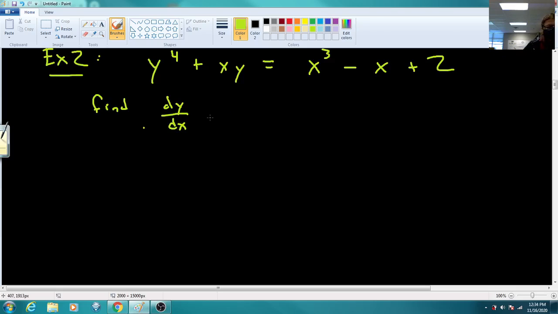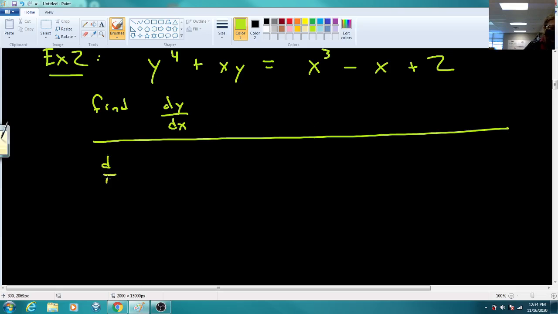We start by taking d dx of both sides of the equation. We keep in mind that y is a function of x, so the chain rule applies to y's with powers. Otherwise, if it's just y itself, we'll write it as dy dx.